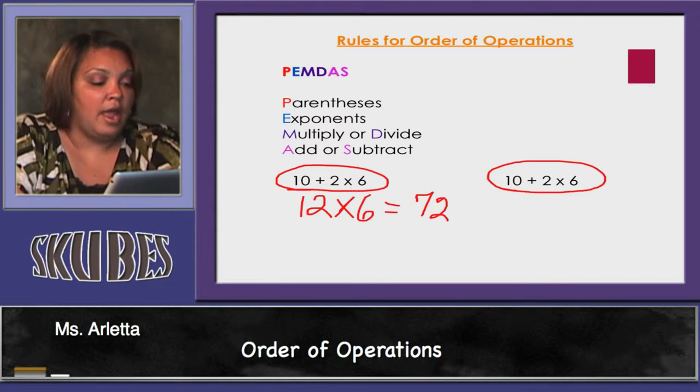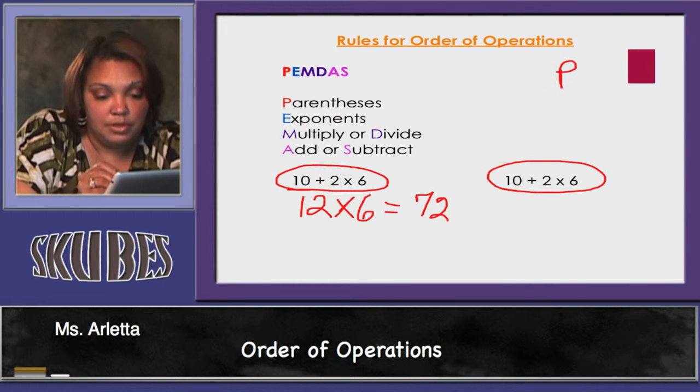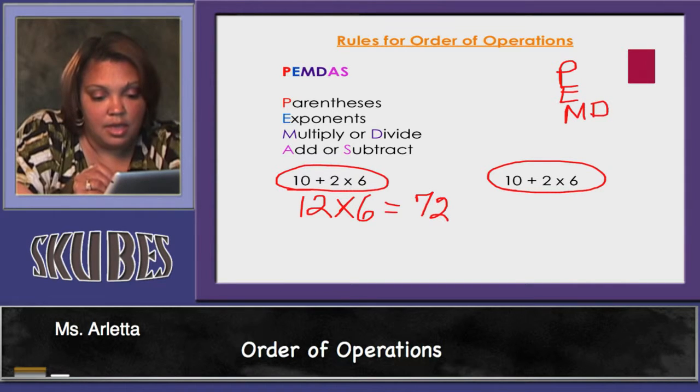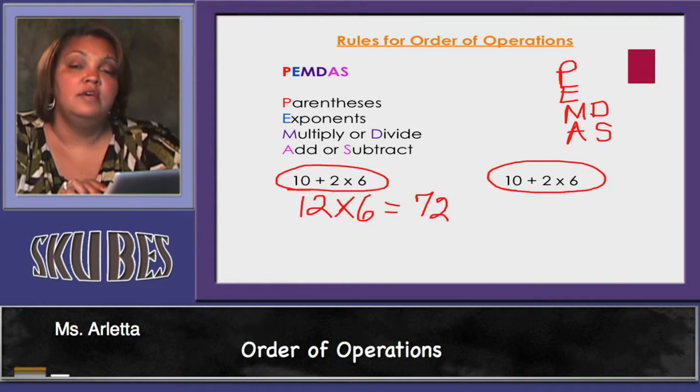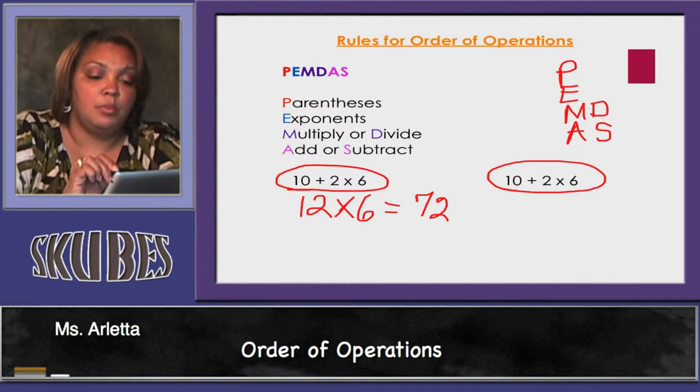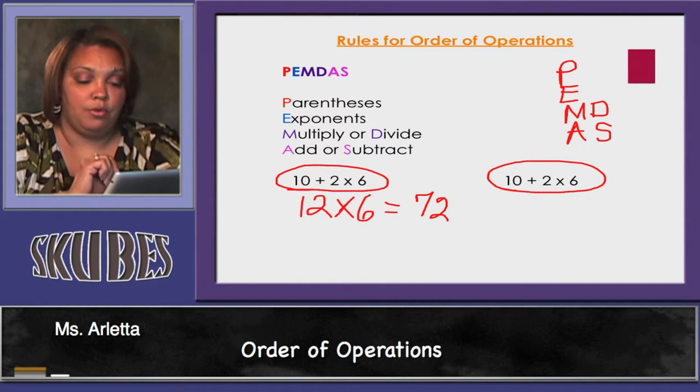Well, where did I get the acronym PEMDAS? I got it from the beginning letters of these. And I would write this P-E-M-D-A-S. And if I'm working this problem using order of operations, I always write this to help me know this is step 1, this is step 2, 3, and 4.